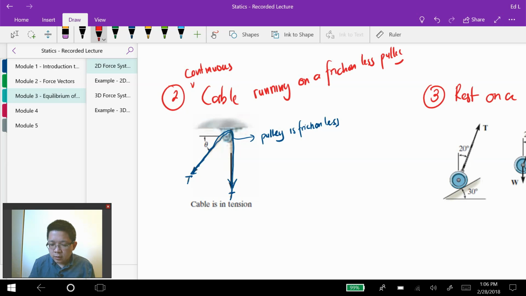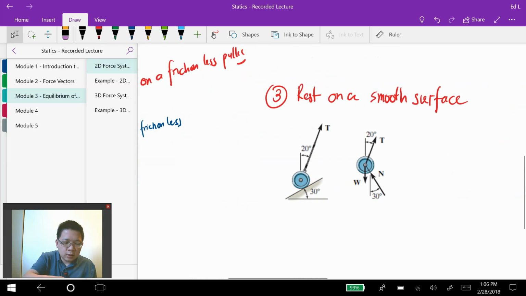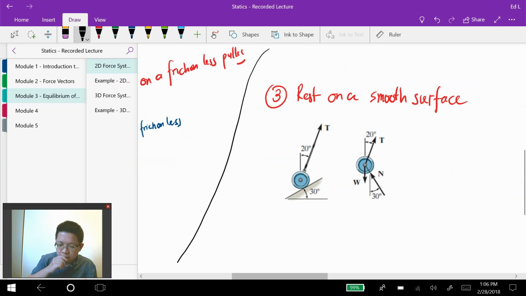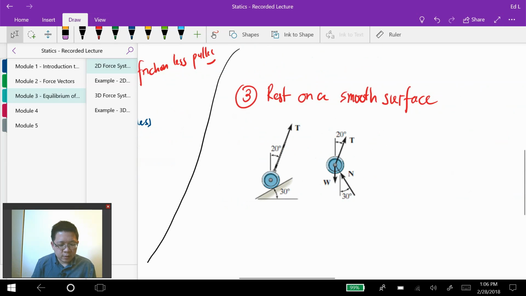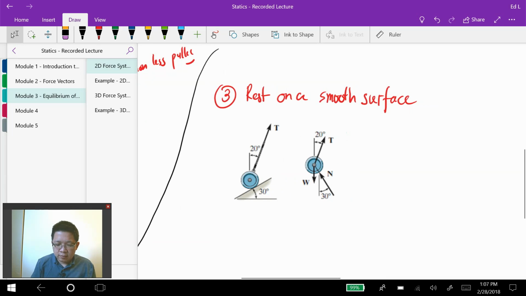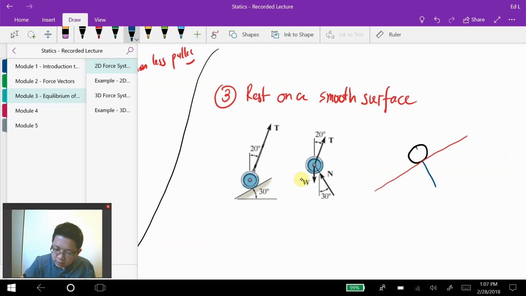Okay, so I'm going to continue with the last component, which is that for some problems the particle will rest on a smooth surface. For example, if we have a particle and it rests on a smooth surface right here, and if we remove the surface, we will see that there is a contact force that is perpendicular to the surface, and let's call this contact force N, right?